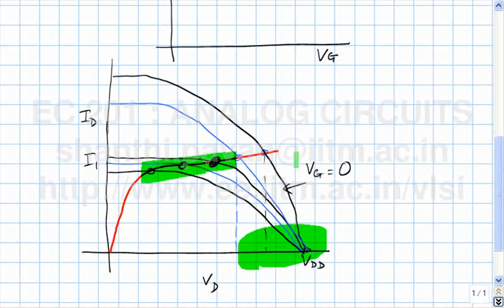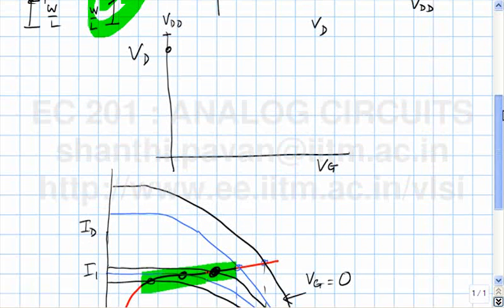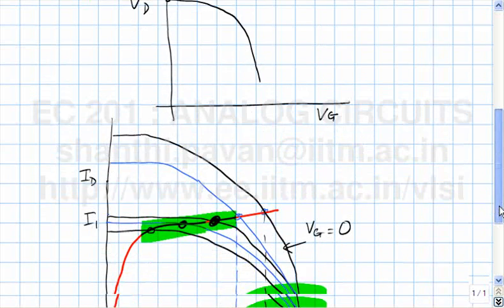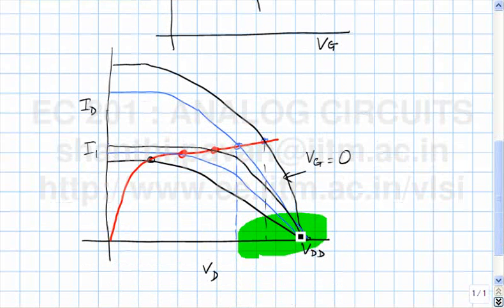And if I increase Vg, so that basically means that if I continue to draw this curve, so initially the rate at which Vd falls is slow, then the rate of fall is very, very rapid, and beyond this what happens? So if I increase Vg beyond this, what happens?